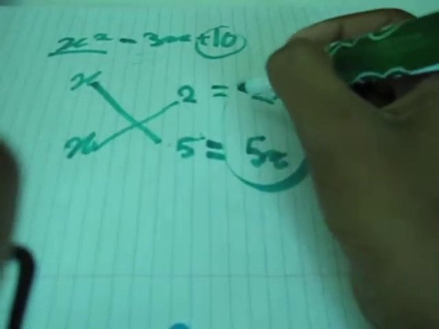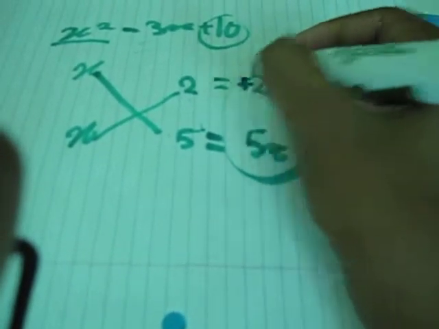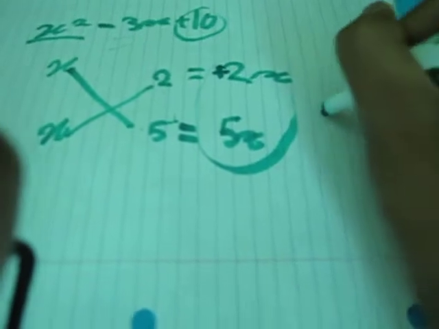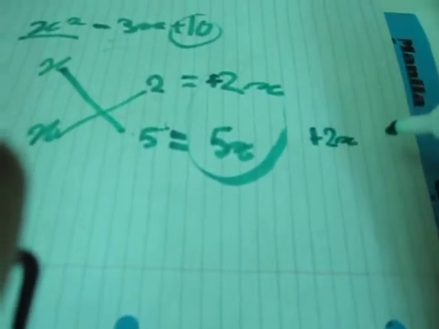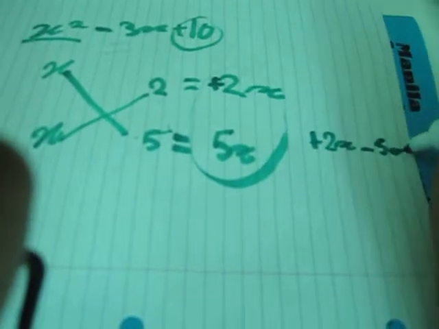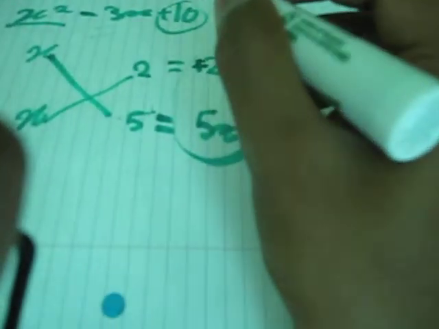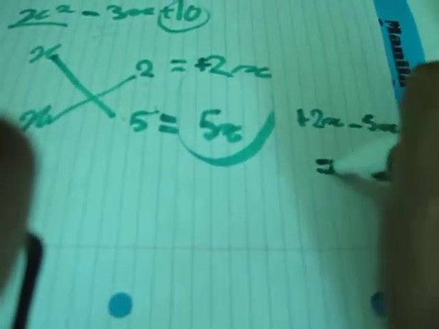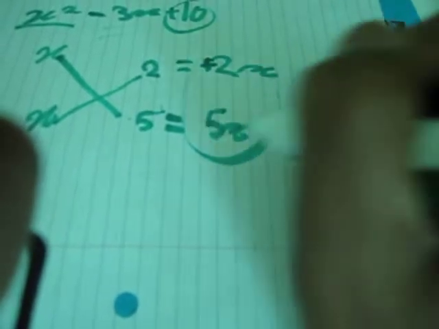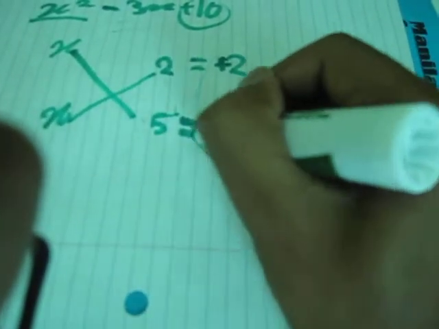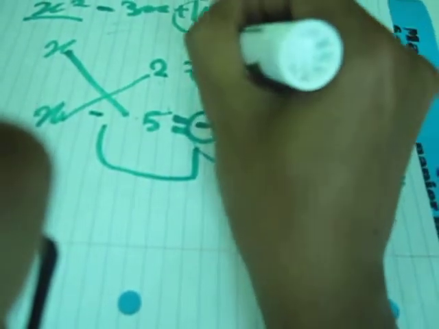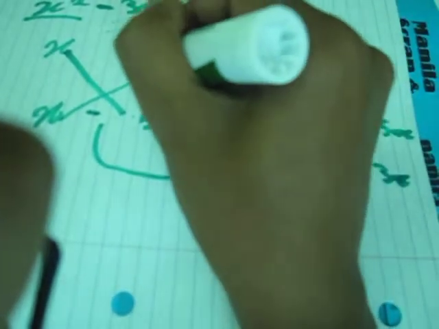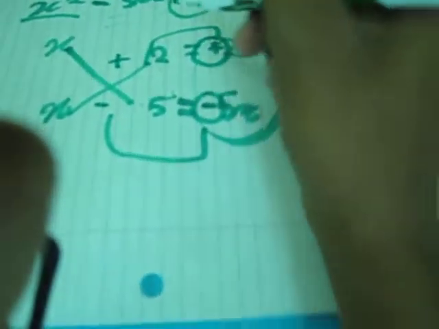Well, we can do a positive 2x minus 5x. Positive 2x minus 5x does equal negative 3x. So this is going to be negative. So then we take this negative and we move it over here, and we take this positive and we move the positive over here.